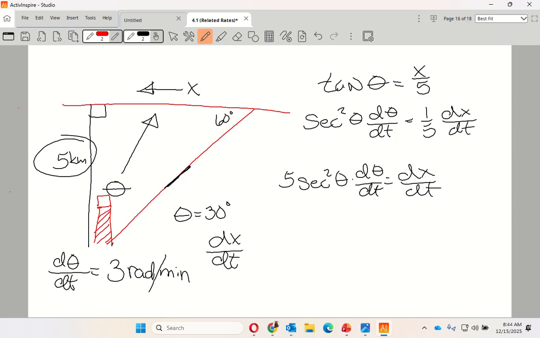Now, there is an issue, there is a problem, there is a complication on my board. Can someone tell me what that is? You want both d theta dt and dx dt? No, not really. Because we're going to get those.